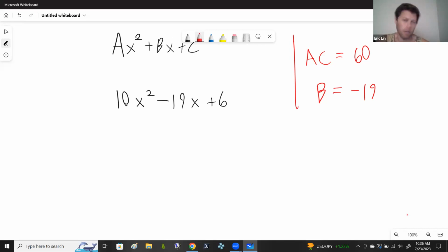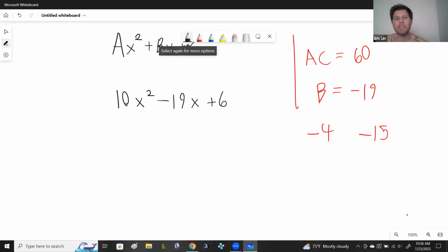Negative 19, obviously negative. So if I'm multiplying to get a positive number, but at the same time, those same numbers are adding to give me a negative number, then they both must be negative. And for 60, I think it's negative 4 and negative 15. If we take negative 4 and negative 15, we multiply them together, we get 60. We add them together, we get negative 19.